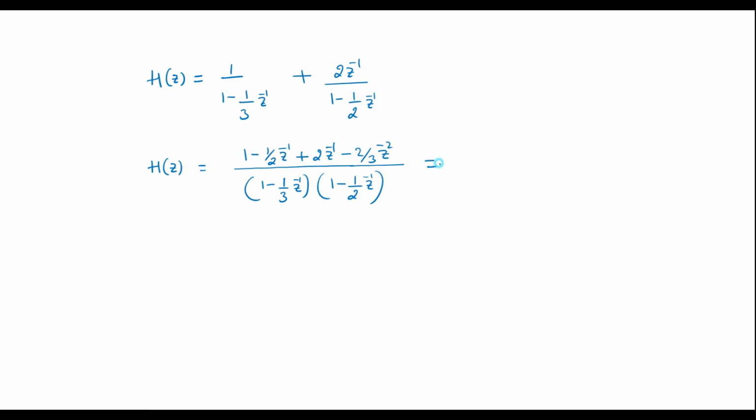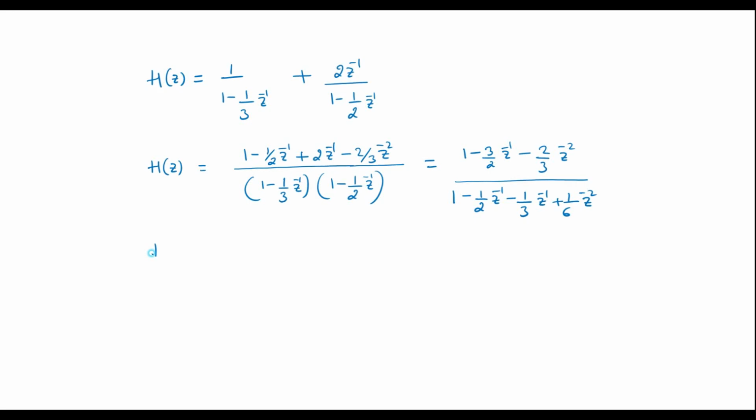Simplifying, 2 minus half is 3 by 2 z power minus 1 minus 2 by 3 z power minus 2. On the denominator I multiply these two terms: 1 minus 1 by 2 z inverse minus 1 by 3 z inverse plus 1 by 6 z power minus 2.